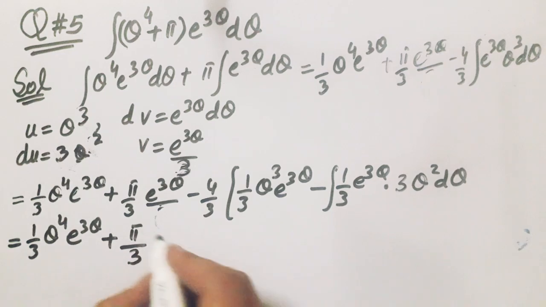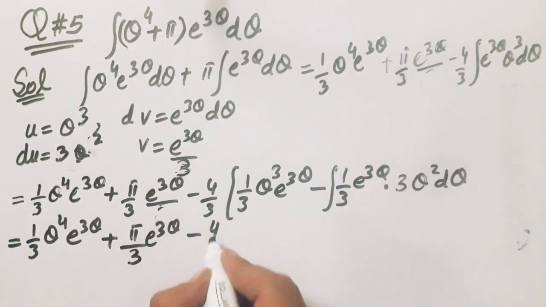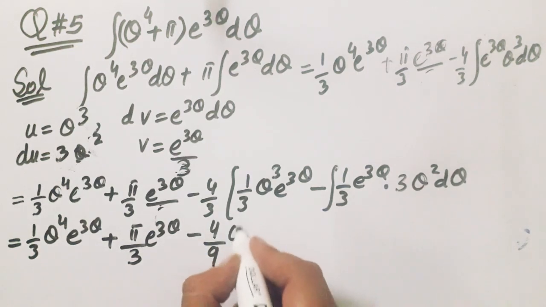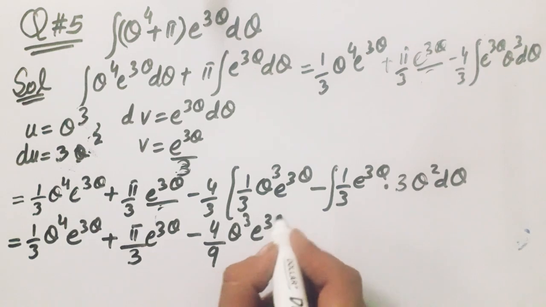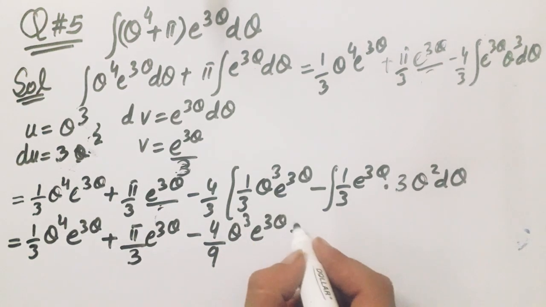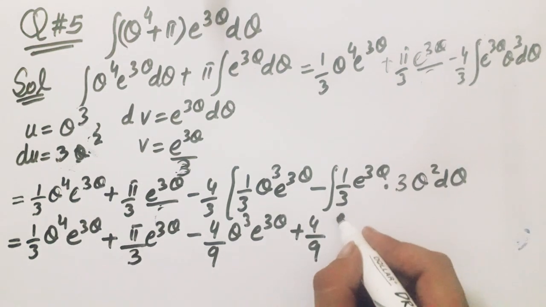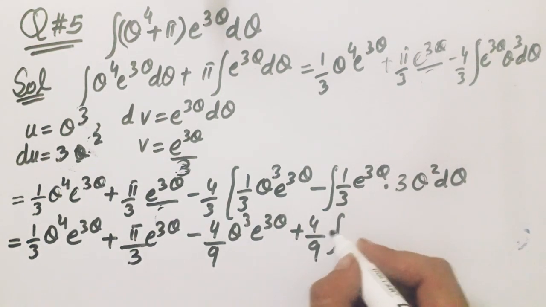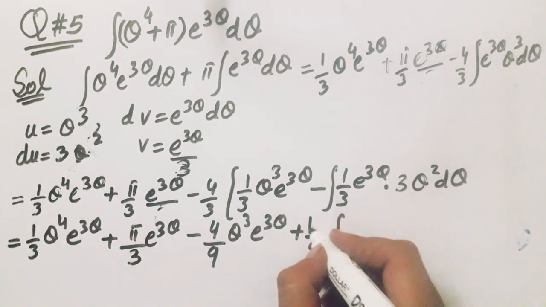So now e^(3θ) multiplied by this will be equal to 4/9 θ³ e^(3θ). Now minus 4/9, minus minus will become plus 4/9 integration of, and then 4 is also multiplied by 3 will become 12.